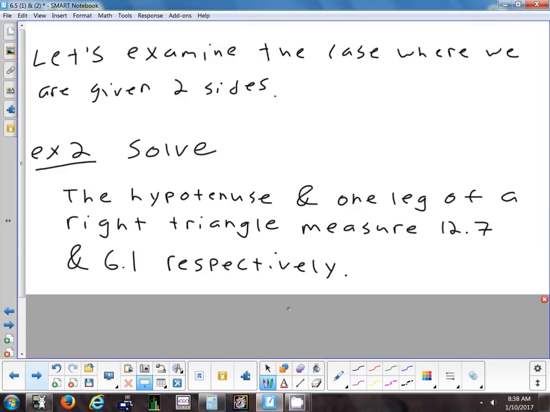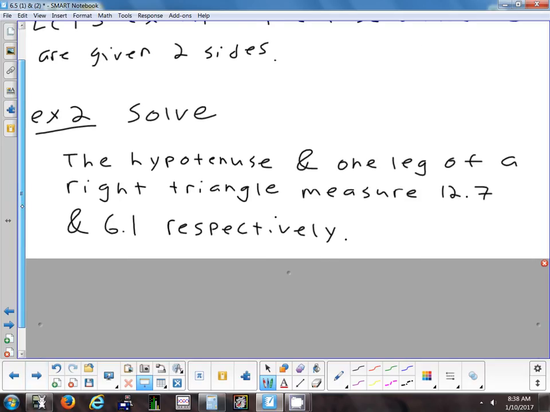Now they say respectively, so you should know which one is which just from the structure of the sentence. But even if they just said, you got two sides in a triangle, one of them's a hypotenuse, one of them is a leg. How do you know the 12.7 has to be a hypotenuse? Yeah? The hypotenuse is always the largest side. Yeah, it's got to be the larger one.